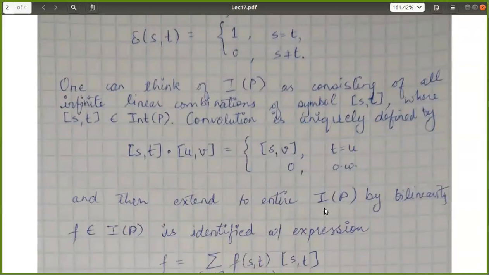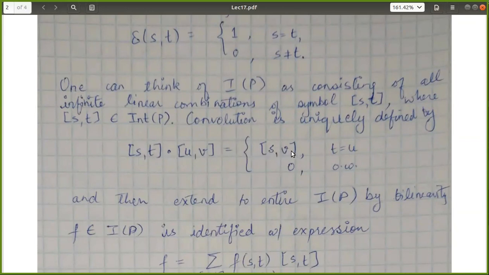Okay, IP, remember, it's a collection of all the functions from Int P to K. So you would have already had a function f, let's say from ST to K, and then you would have had a function g from UV to K. But now ST and UV becomes SV.